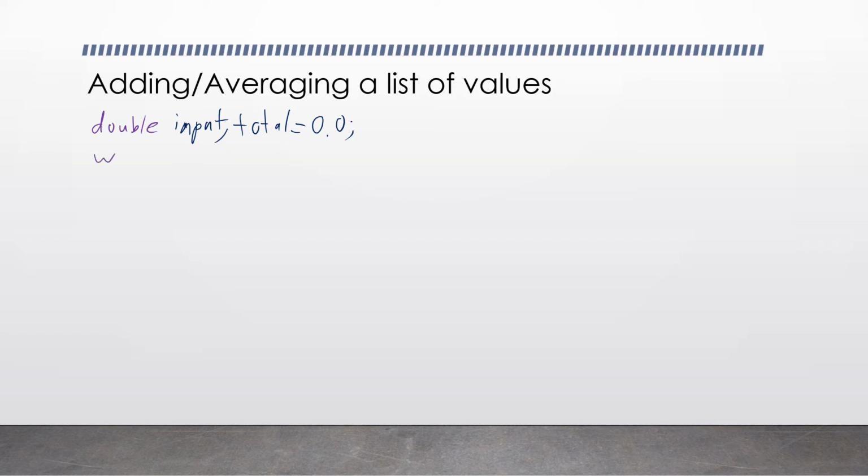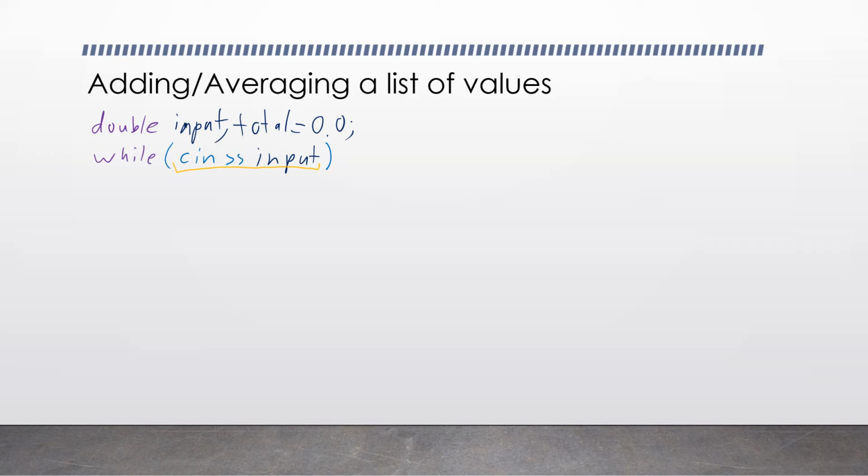Now, while cin to input does not fail. This is a shorthand for doing input and testing the cin.fail variable. This construct would return true if good input is received and false if bad input is received.